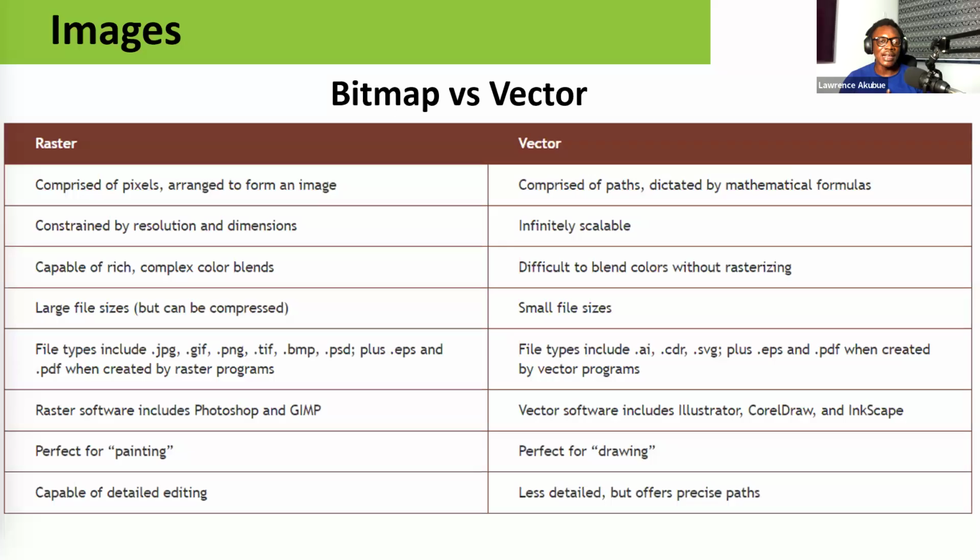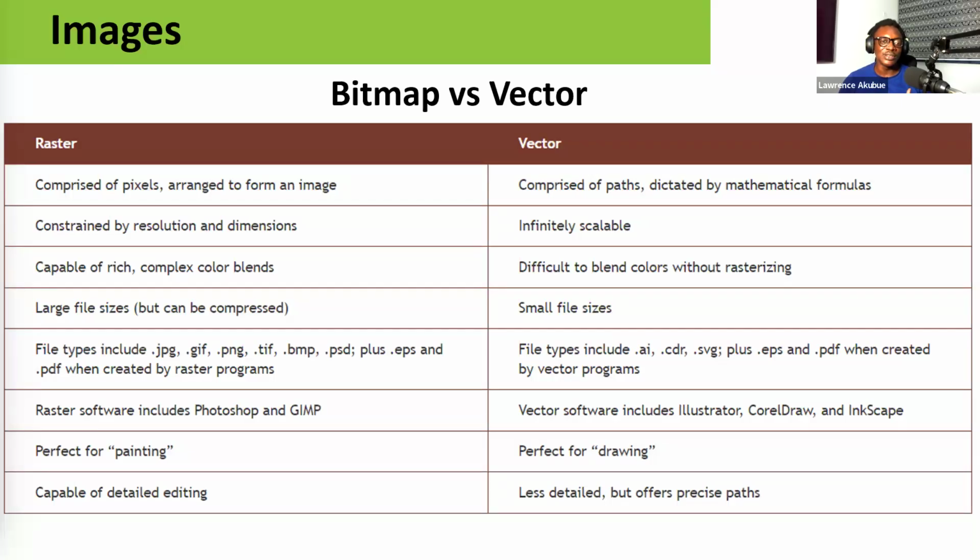That's why raster, the bitmap that is measured in pixels, is constrained by resolution and dimension. I just mentioned resolution, so you have megapixels and all those things. That's why a lot of phones that are coming now are better than the other ones, because you have to keep on increasing the resolution as technology improves.